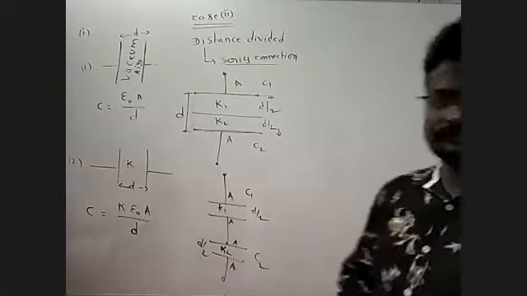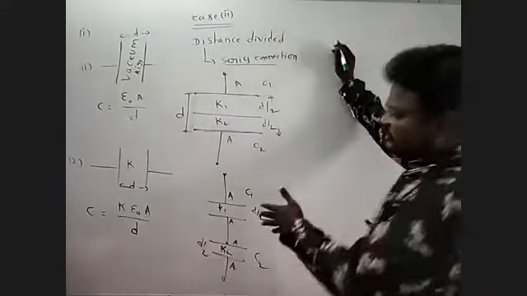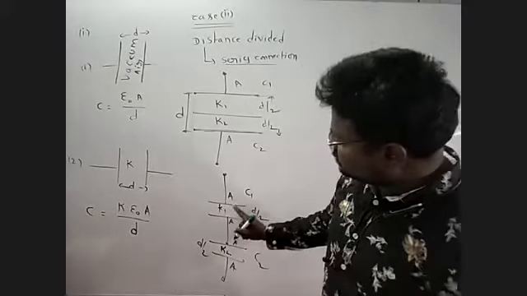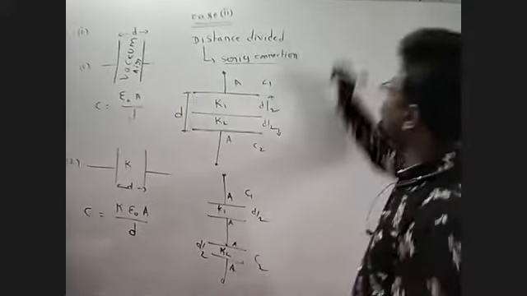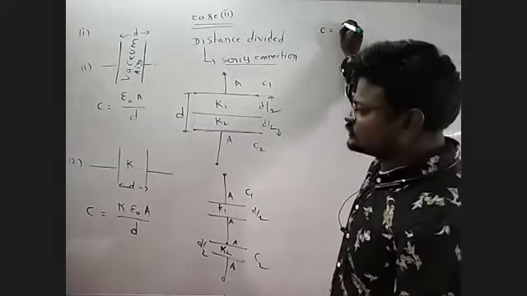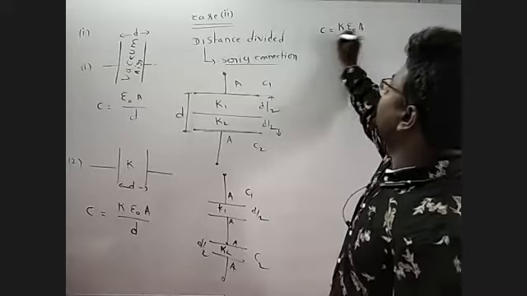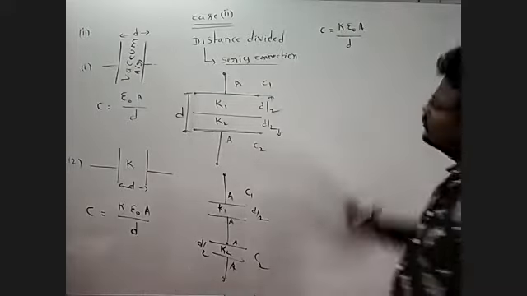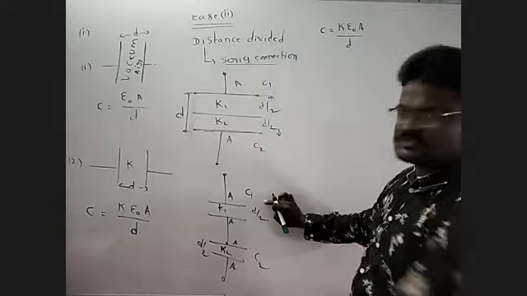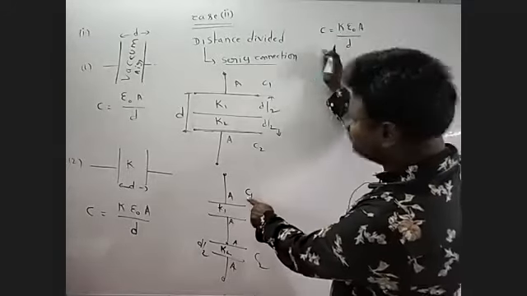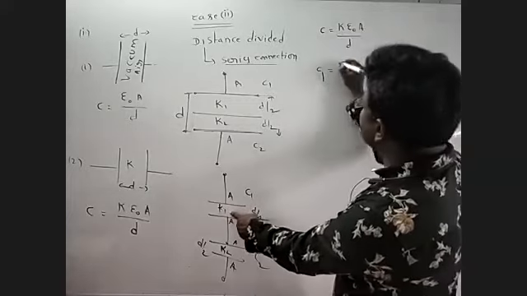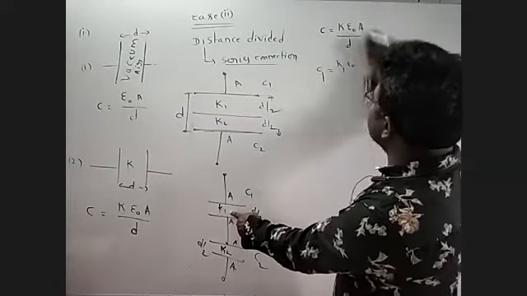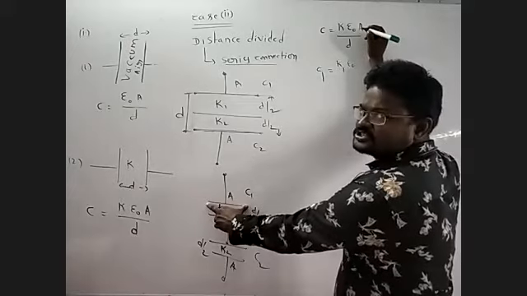We know very well, so what is the formula? This belongs to the second formula. What is the second formula? The general formula is C is equal to K epsilon naught A by D, where D is the distance between the plates. This formula applies to this capacitor: C means the C1 capacitor, K means K1, epsilon naught, and A means the cross section area of the plate.